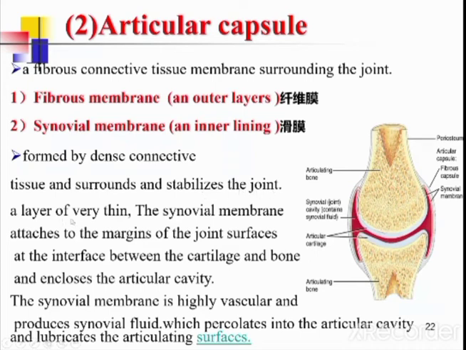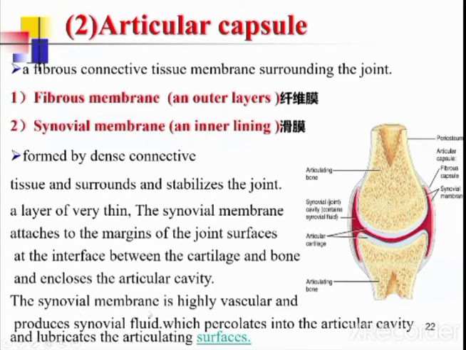A very thin layer, the synovial membrane, attaches to the margins of the joint surfaces as an interface between the cartilage and the bone, and includes the articular cavity.